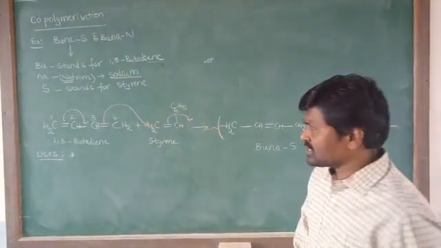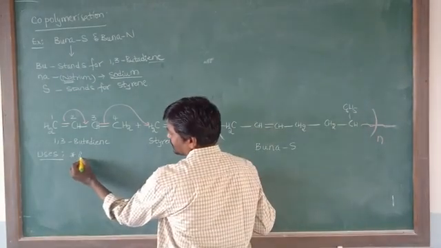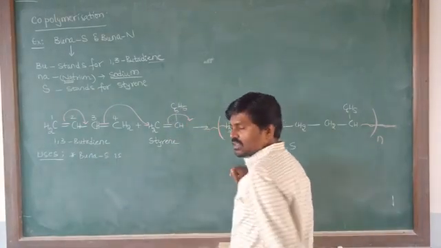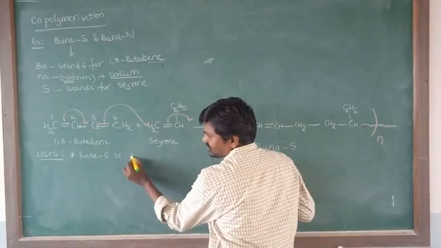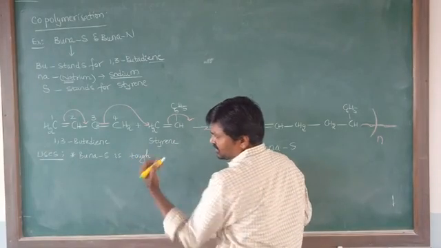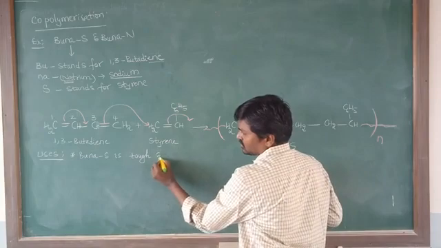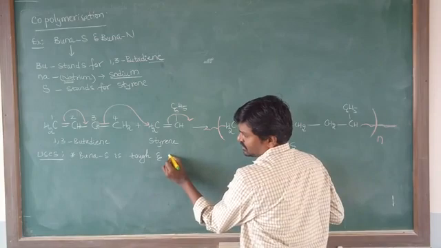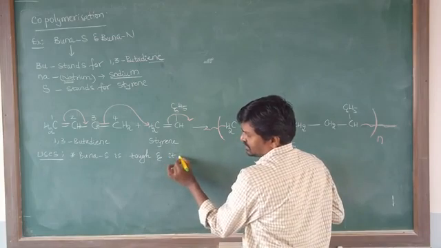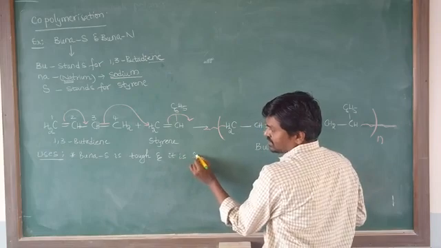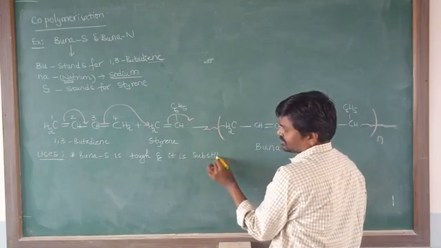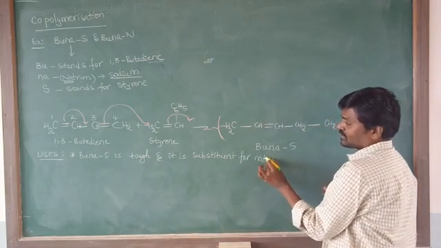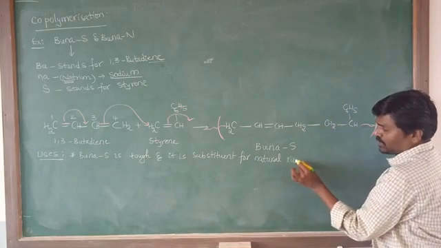Now this Buna S is a very tough polymer, and it is also used as a substituent for natural rubber.